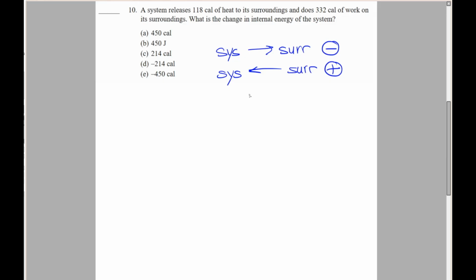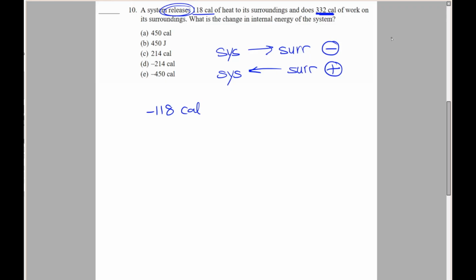So with that in mind, we can assign plus and minus signs to the numbers in this problem and then add them together to get our answer. The system releases 118 calories, and the keyword is release, which means that the system is losing 118 calories to its surroundings. So we're going to write negative 118 calories. Similarly, the system is doing work on the surroundings.